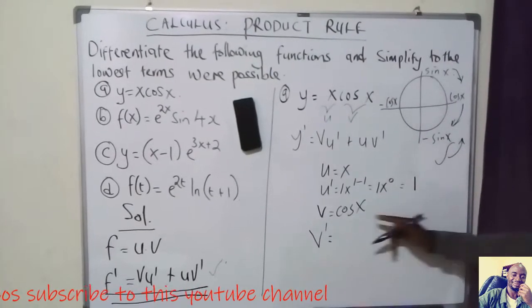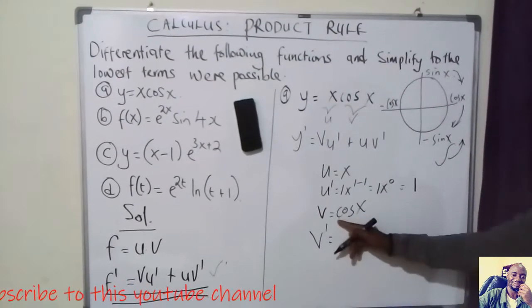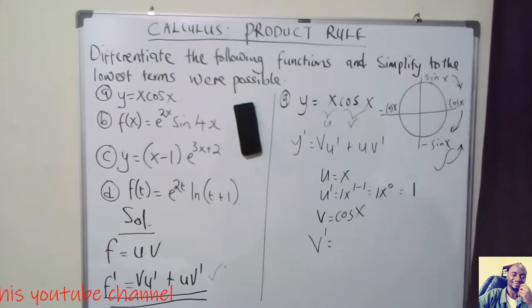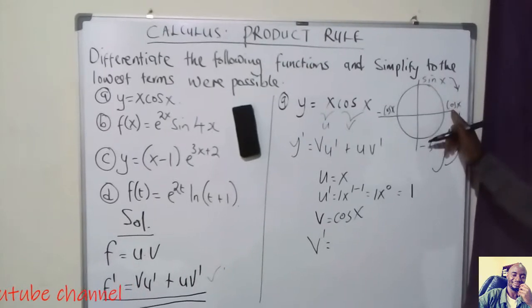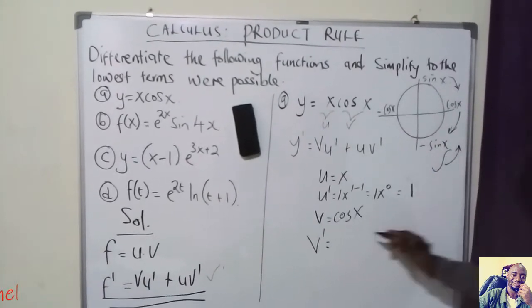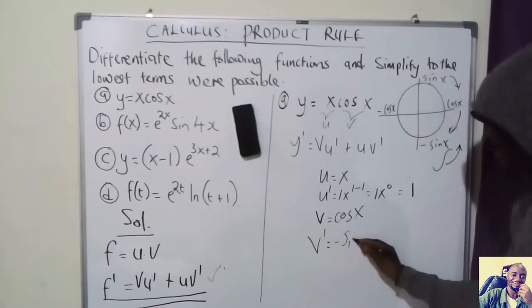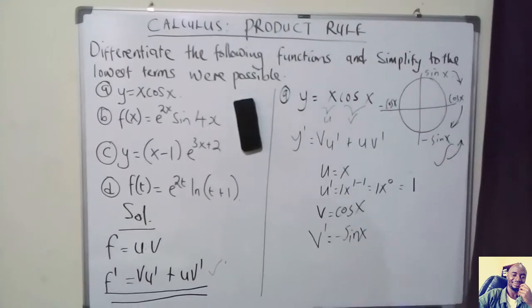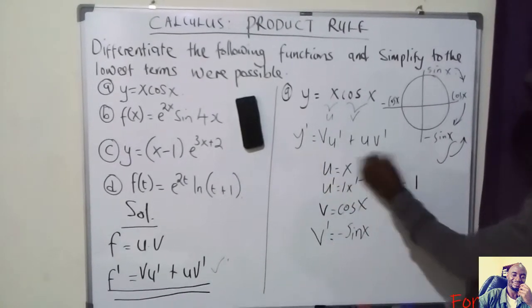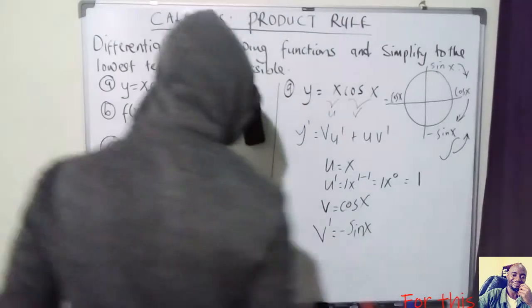So here, cos x, we want to differentiate cos x, we are going to come in the clockwise direction. So differentiating cos x, we are going to have minus sine x. The next thing that I need to do now is to replace in this particular formula, then I'll be done.